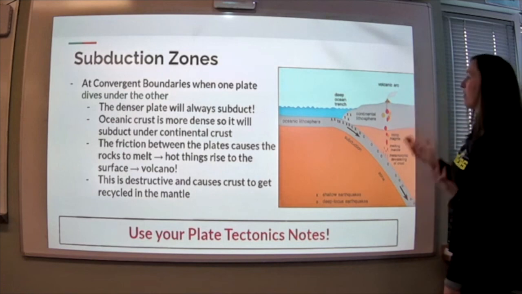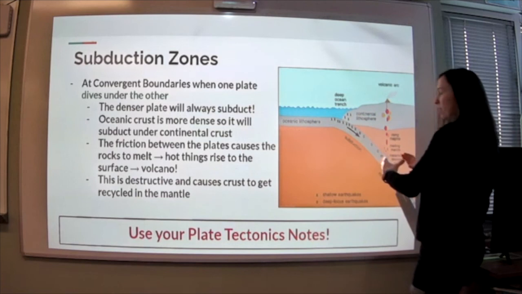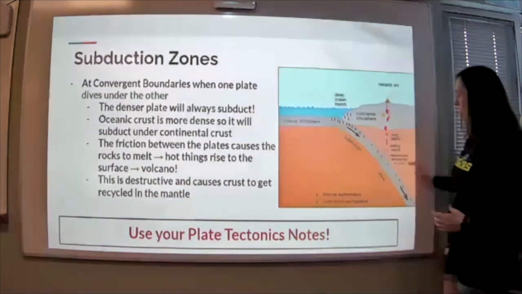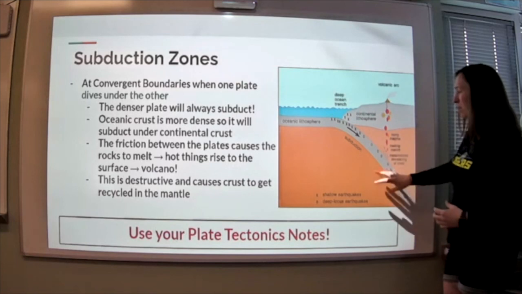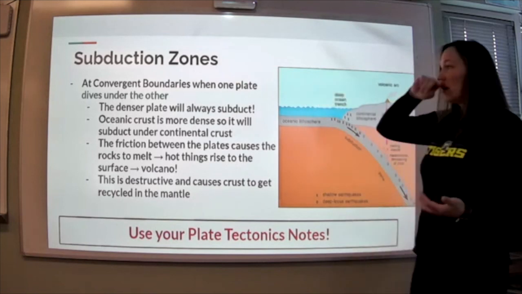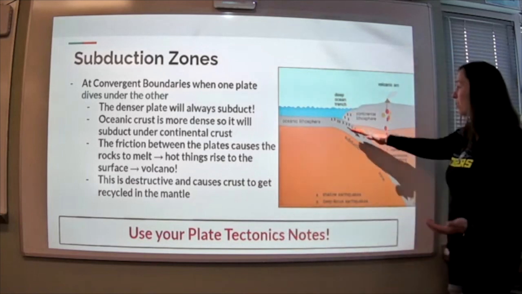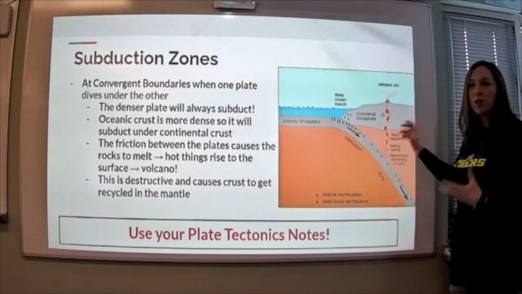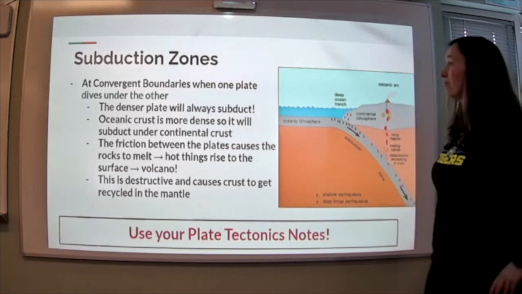But overall, at this subduction zone, this whole oceanic plate is diving under, and this is destructive. It's destroying this old crust, recycling it and melting it back into the mantle, which is pretty sweet. Subduction zones just dive under, and that has to do with density. The denser plate will always dive under. The friction between those plates is ultimately what makes our volcanoes. Yeah, sweet.